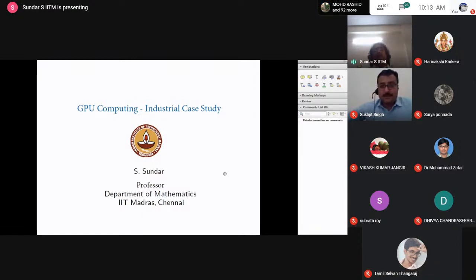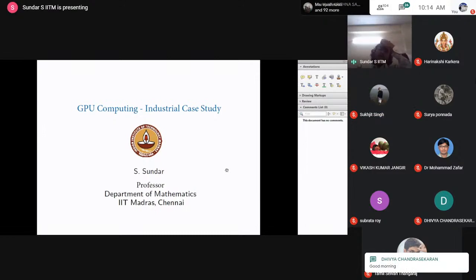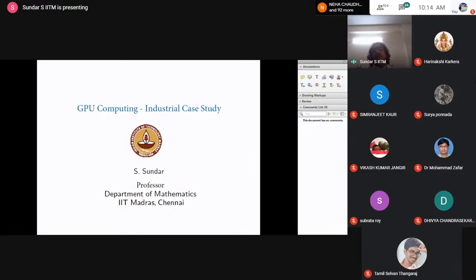So what I'm going to talk today is on GPU computing, graphics processing unit computing, and as our industrial case study. These are all connected to flow problems, which involves fluid dynamics equations, which is a system of differential equations.